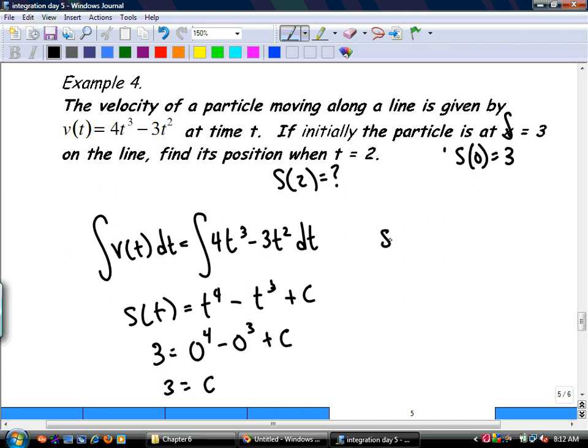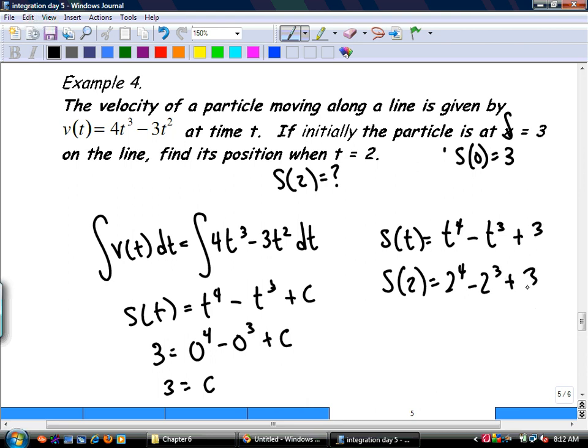So your s formula becomes t to the 4th minus t cubed plus c. s of 2. Oops, we know what c is, silly. 16 minus 8 plus 3. 11.